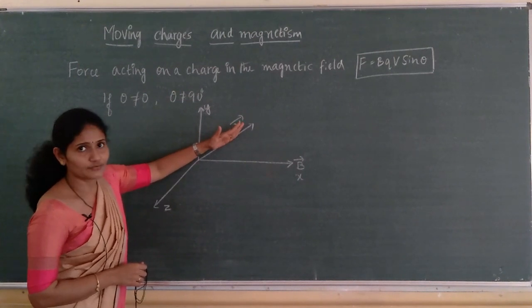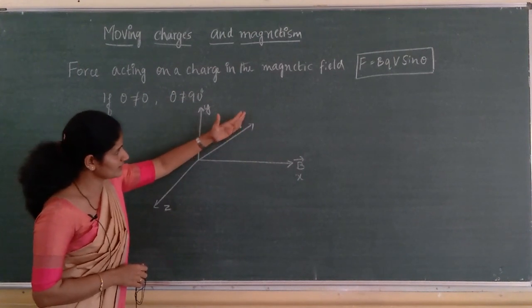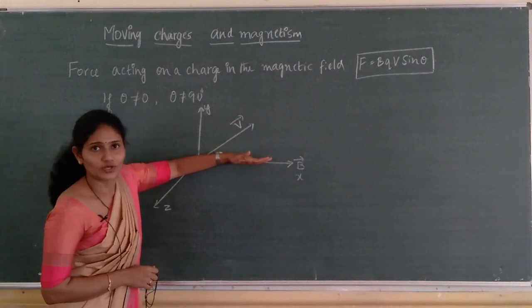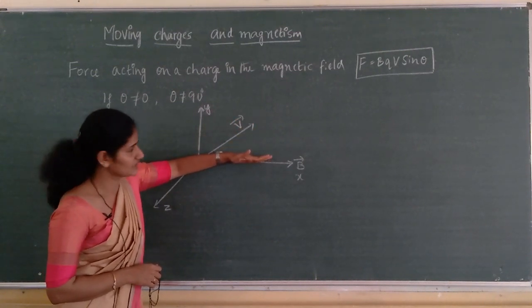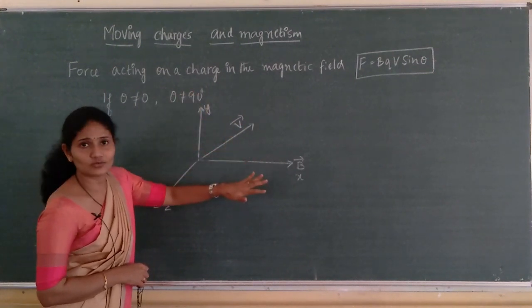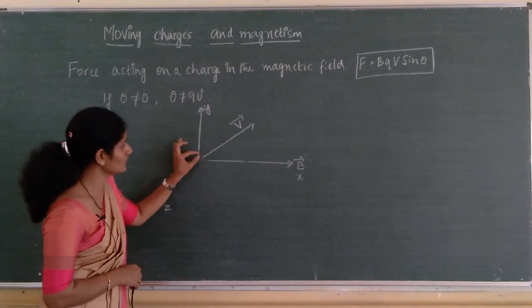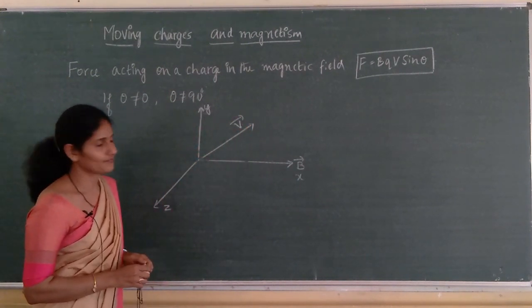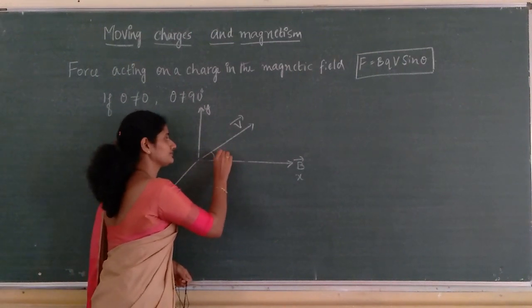If theta is equal to 0, then the vector will be like this. If theta is equal to 90 degrees, then it is like this. Here theta is not equal to 0, not equal to 90 degrees. Therefore, this is the direction of velocity, and this is theta.